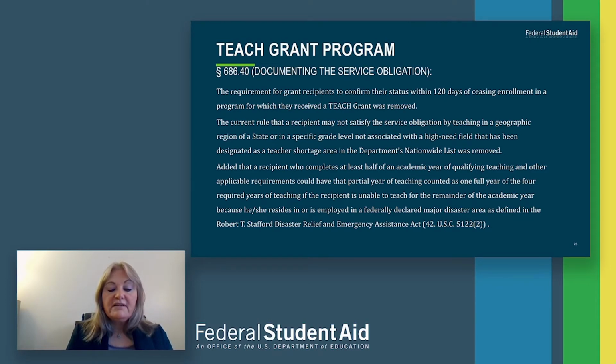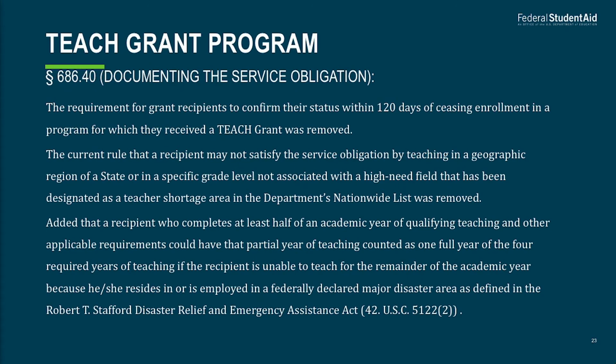As already mentioned, we eliminated the rule prohibiting a TEACH Grant recipient from satisfying a service obligation by teaching in a geographic region of a state or in a specific grade level not associated with a high-need field for a state that is designated in a nationwide list.